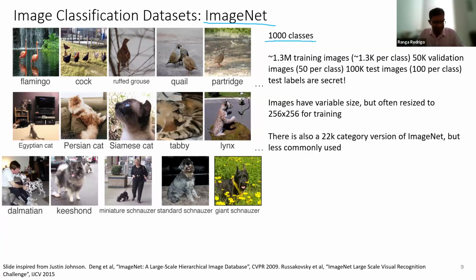That subset has 1,000 classes, about 1.3 million training images, about 1,300 per class, and 50,000 validation images, 50 per class, and 100,000 test images, 100 per class. Test labels are secret. Images have variable sizes, but often they are resized to 256 by 256. There is also a 22,000 category version of ImageNet, but it is less commonly used. So you can see flamingo, cock, like that. A lot of images are there of a lot of classes. Siamese cat, Persian cat, Egyptian cat, and so on.